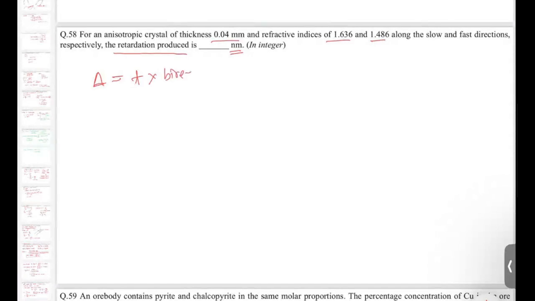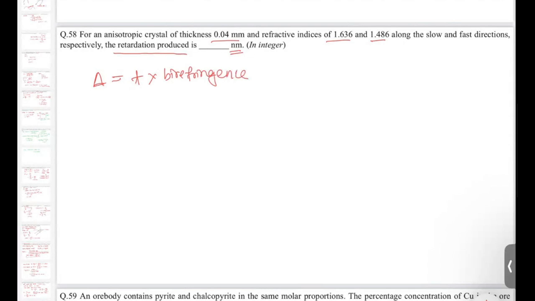The next question is asking that for an anisotropic crystal of thickness 0.04 millimeter and refractive indices of 1.636 and 1.486, you just have to calculate what is the retardation, and most importantly in the unit of nanometer. So the formula for retardation is delta is equal to T into your birefringence, the thickness into birefringence.